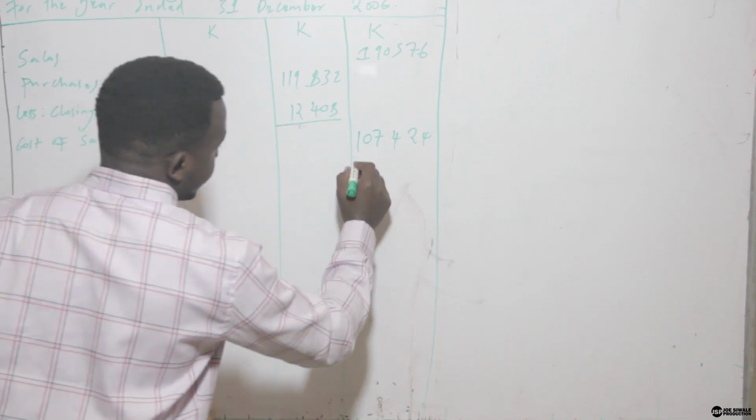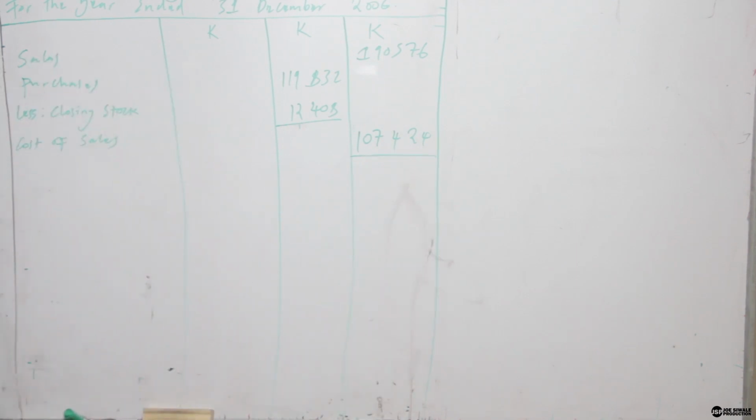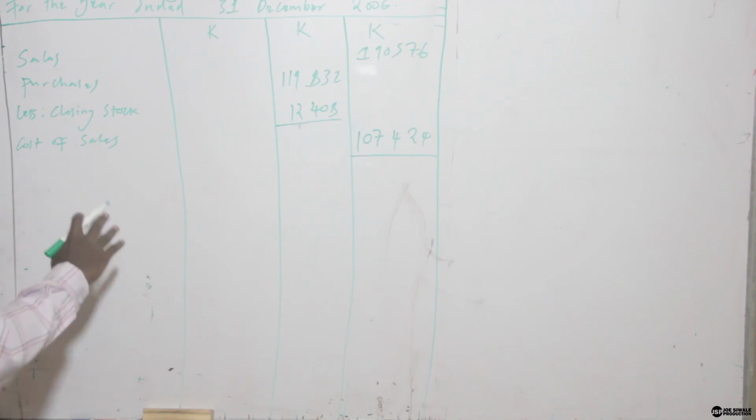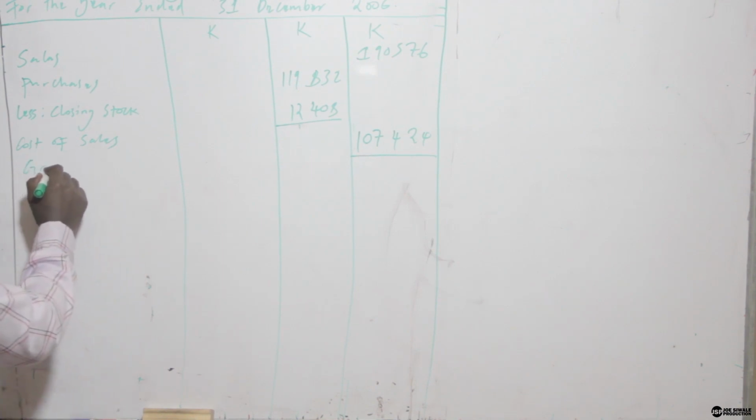That means that we can find our gross profit or loss, and considering here the sales is greater than cost of sales, that means that we're going to have gross profit.